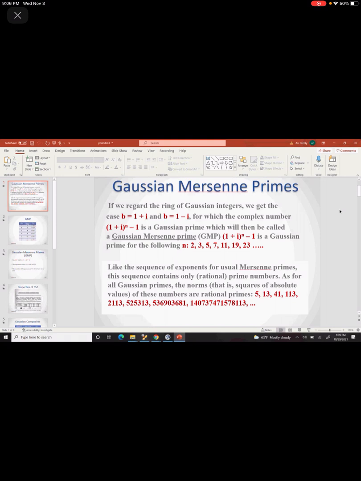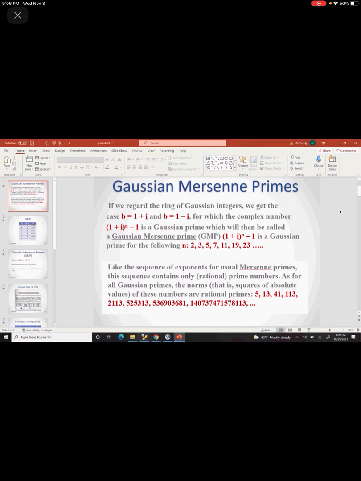Like 4 minus i. See, 4 minus i is a Gaussian Mersenne prime. And if you multiply it by its conjugate, 4 minus i times 4 plus i, you're going to get 17. 17 is a prime number. It's actually a Gaussian composite.